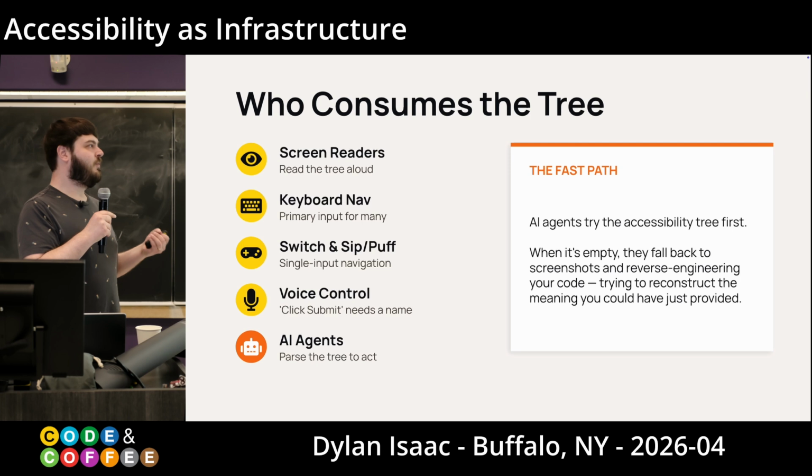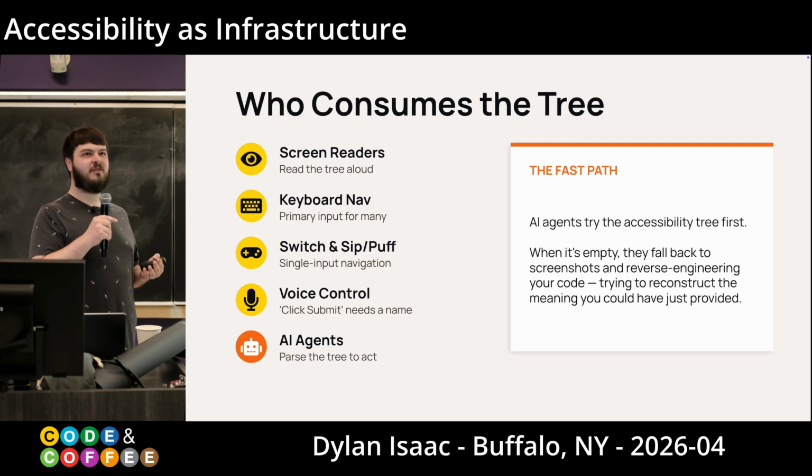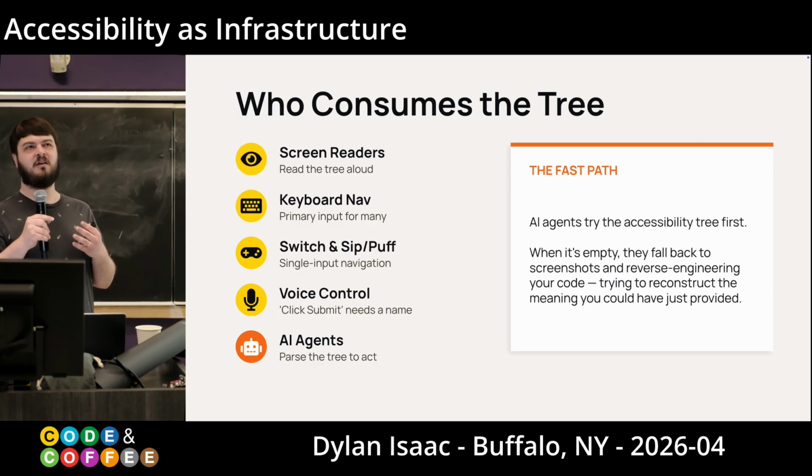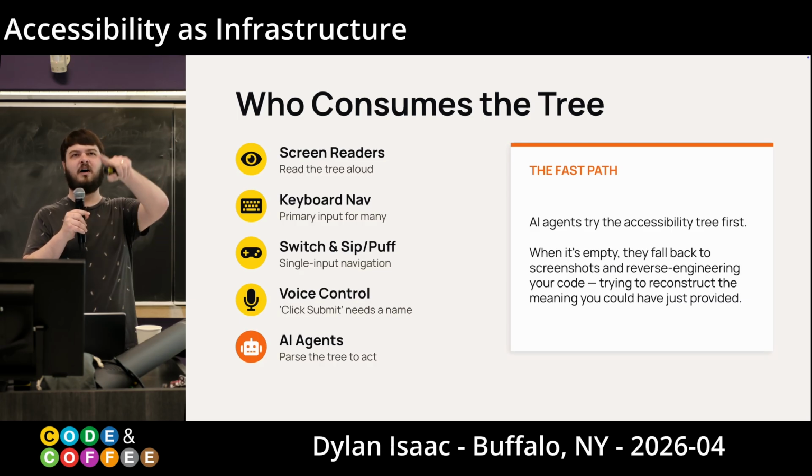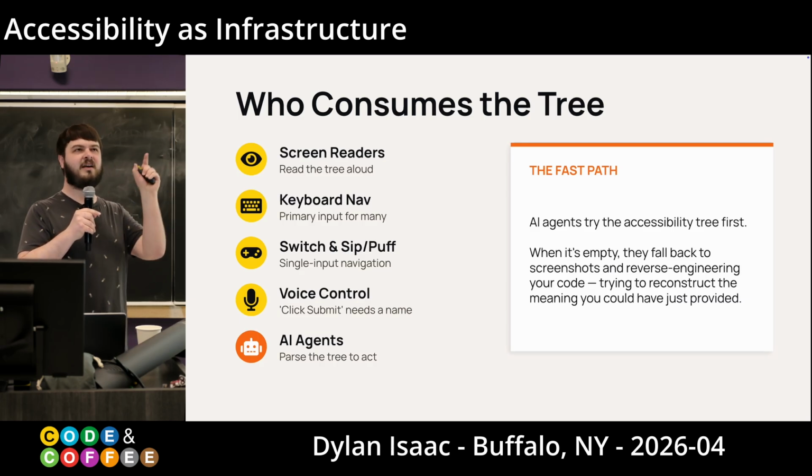So when an AI agent tries to navigate the web, it's first using the accessibility tree. And only then, when it's unable to understand the meaning from there, it falls back to using what we would consider traditional ways of using the computer, which is taking a screenshot of it. Then it has to do a lot of really fancy things, like annotate all the different regions on a screen and give them numbers.